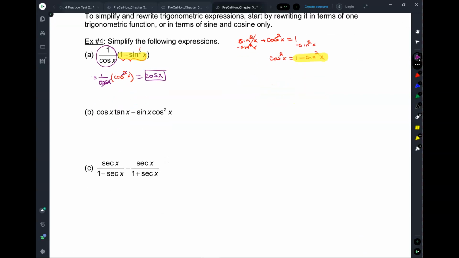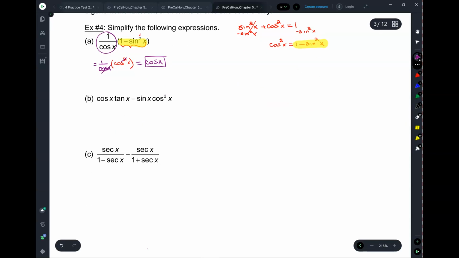What I have next is cosine x tangent x minus sine x cosine squared x. So what I'm going to do is, first, write everything in terms of sine and cosine. The first one is cosine x times, the tangent x is actually sine x over cosine x, minus sine x cosine squared x.